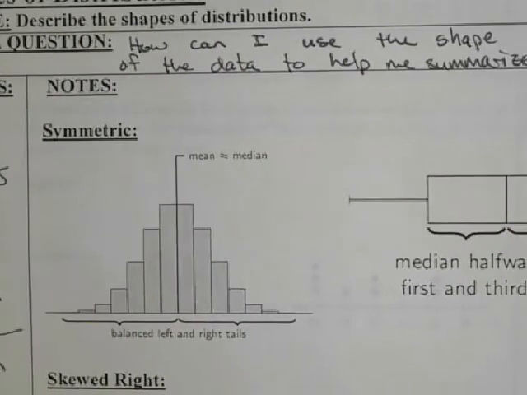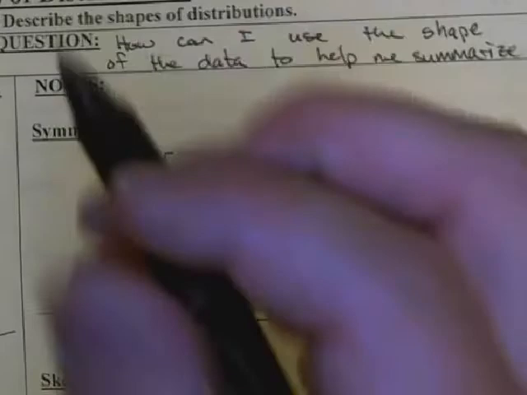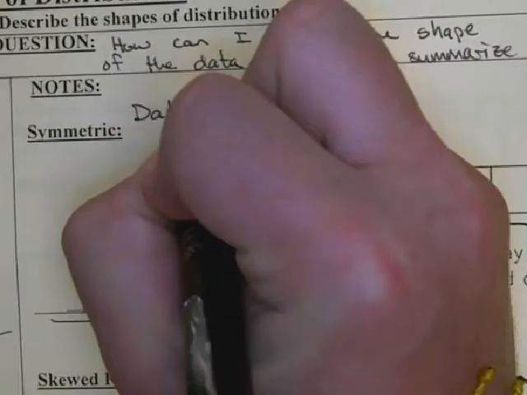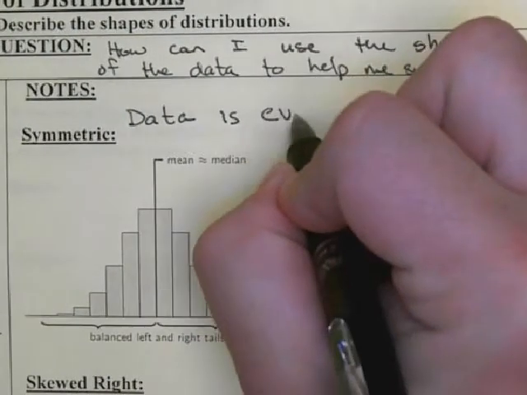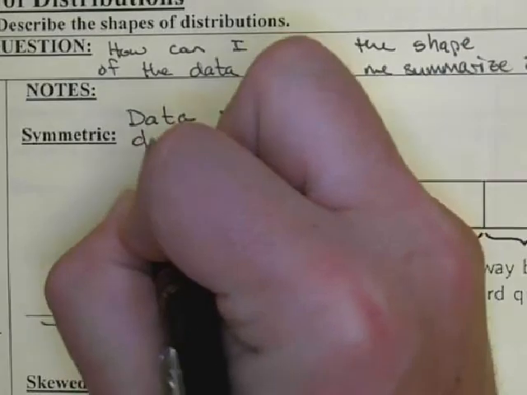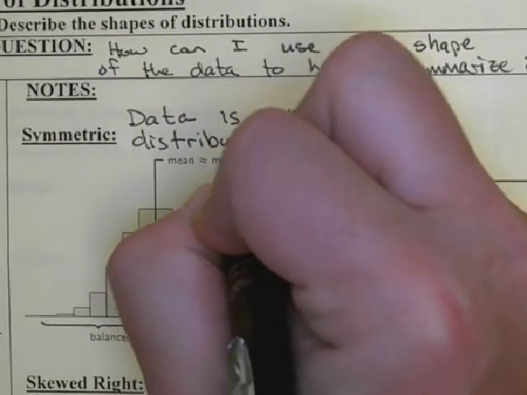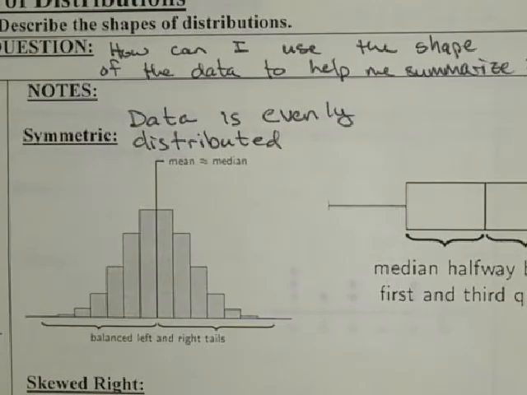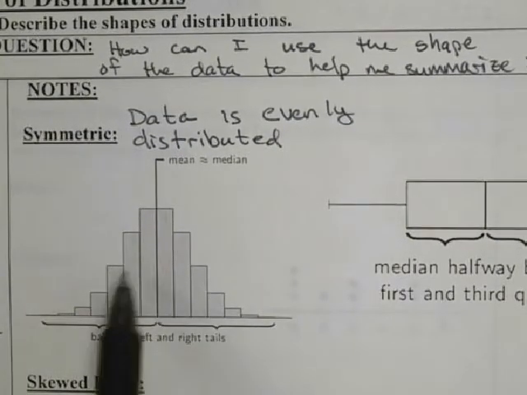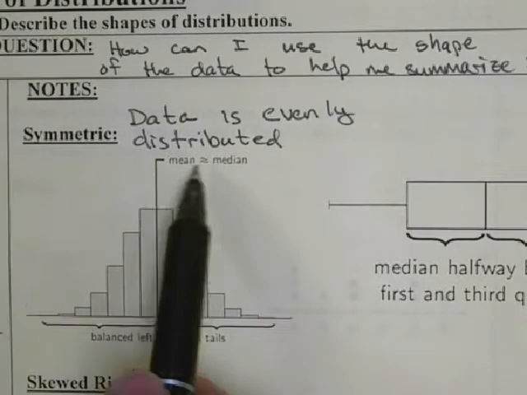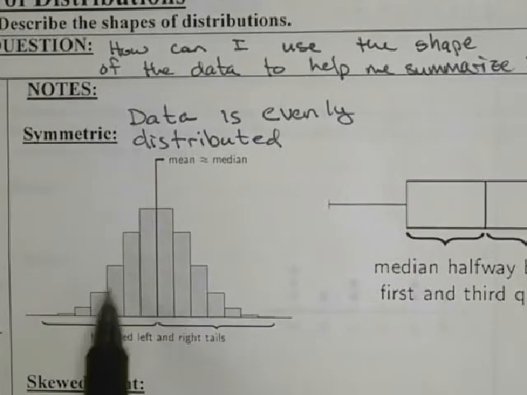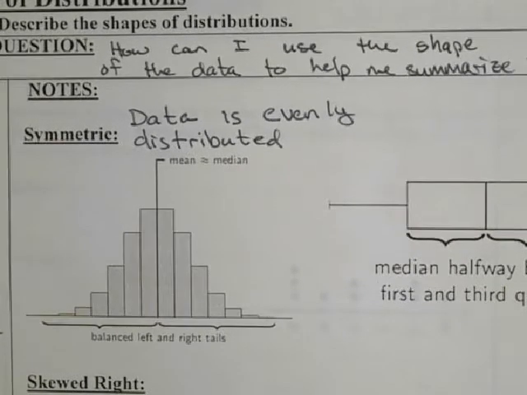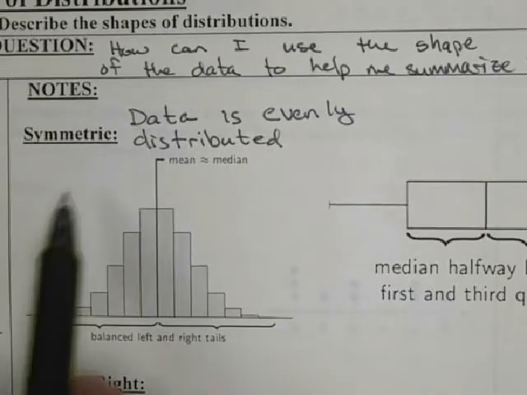In our first distribution, a symmetric distribution, data is evenly distributed. What that means is I have an even amount of data to the left and to the right, and my mean is really close to my median, where everything is very symmetrical on both sides of the mean, as you can see here in this histogram.